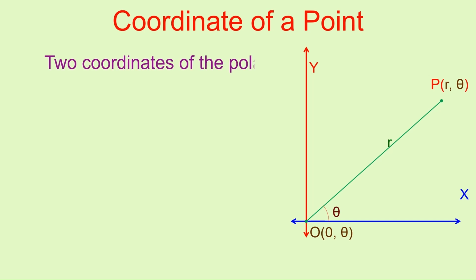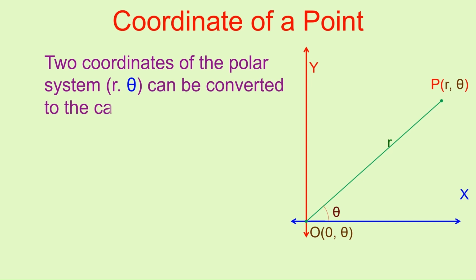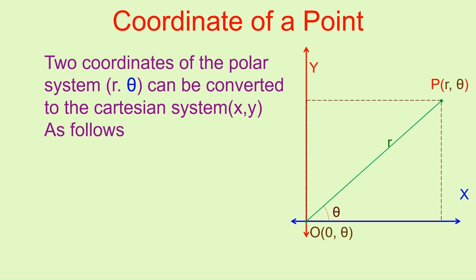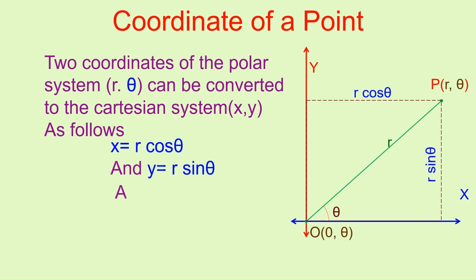Two coordinates of the polar system, r, theta, can be converted to the Cartesian system, x, y, as follows. x equals r cos theta, and y equals r sin theta. Also, tan theta equals y divided by x. r equals square root of x squared plus y squared.